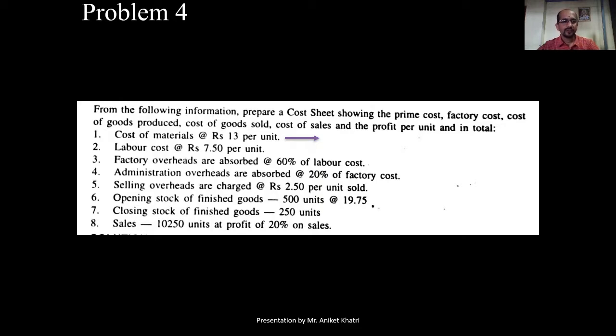According to that, this will be a section A item, labor cost B, factory overheads E, administration overheads G, selling overheads K, opening stock of finished goods I, closing stock of finished goods I, sales M, and N respectively.